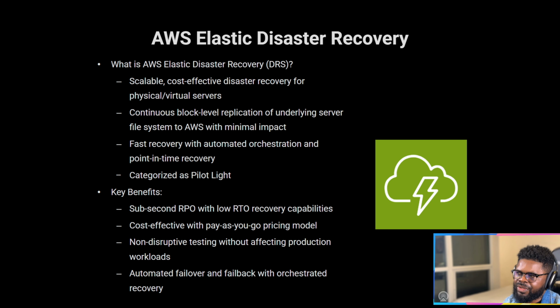The whole idea is that you can have continuous block level replication for your underlying file system, right, to AWS with minimal impact. Fast recovery with automated orchestration, and then you can also do point in time recovery. So if you look at the categories we looked at before, this is one that falls under pilot light, right?